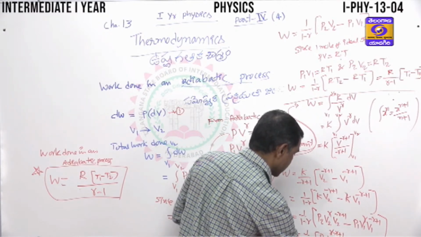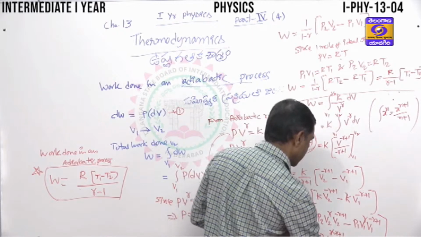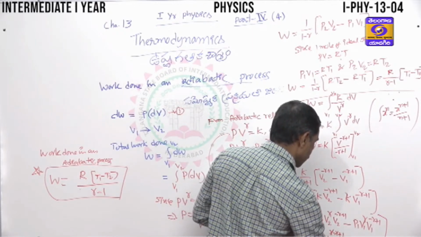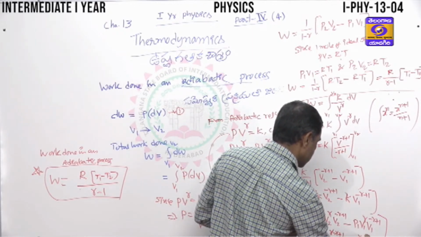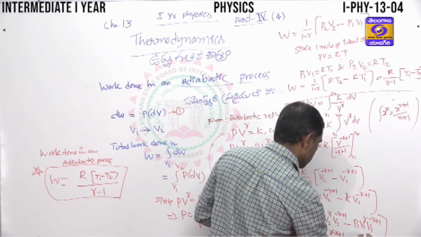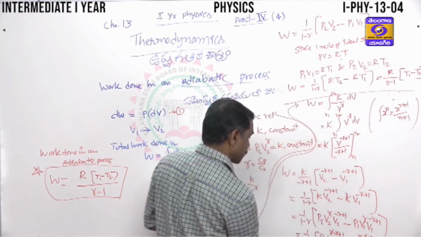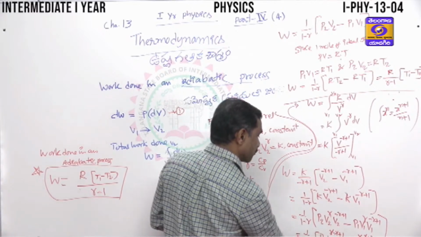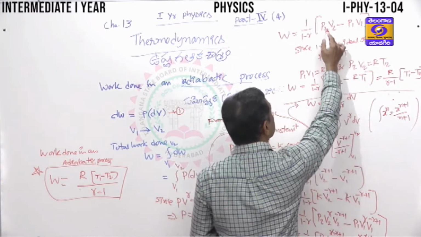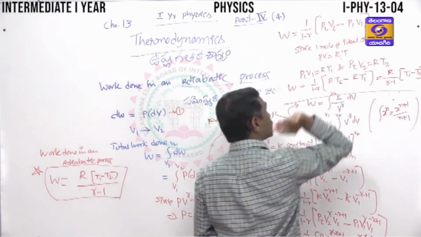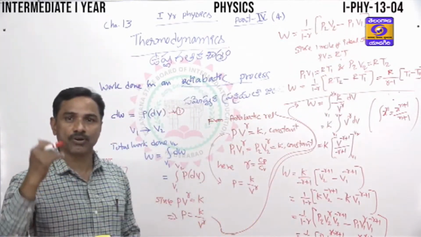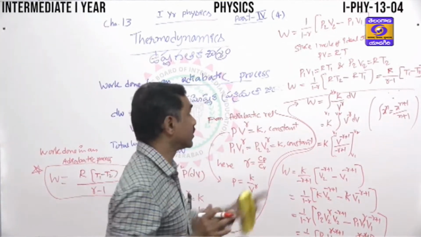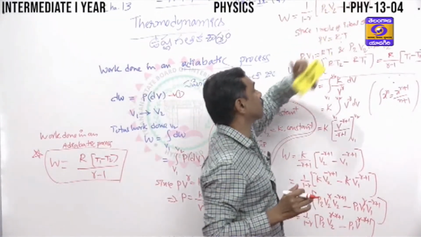Minus gamma plus 1 gets cancelled, so you get V2 power of 1. Similarly, P1 V1 power of gamma minus gamma plus 1, so you get P1 V1 power of 1. If nothing is written, the power is 1. When you write 2, it means 2 power of 1; 3 means 3 power of 1. Here also P2 power of 1, V2 power of 1.